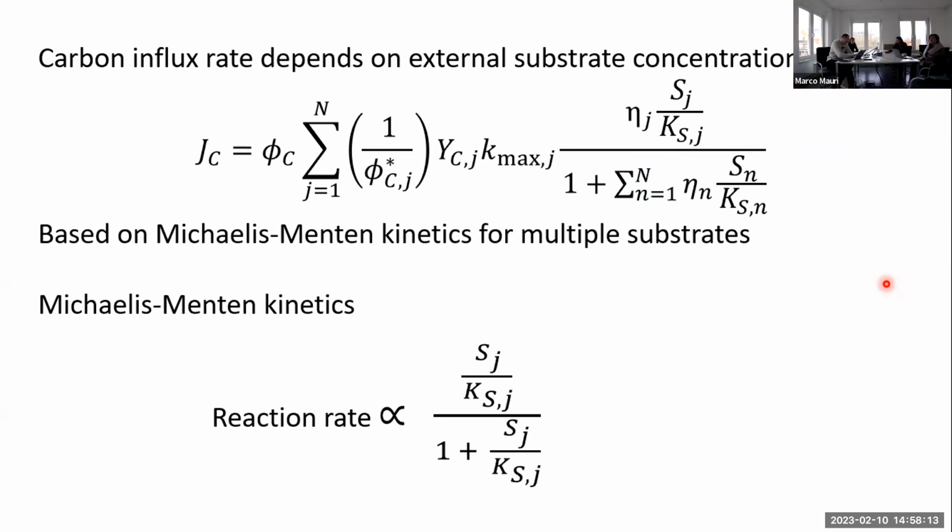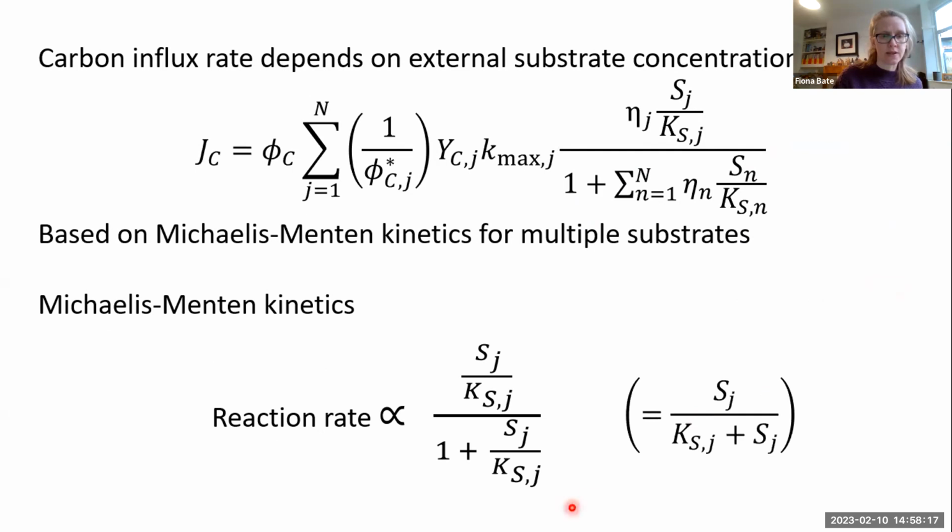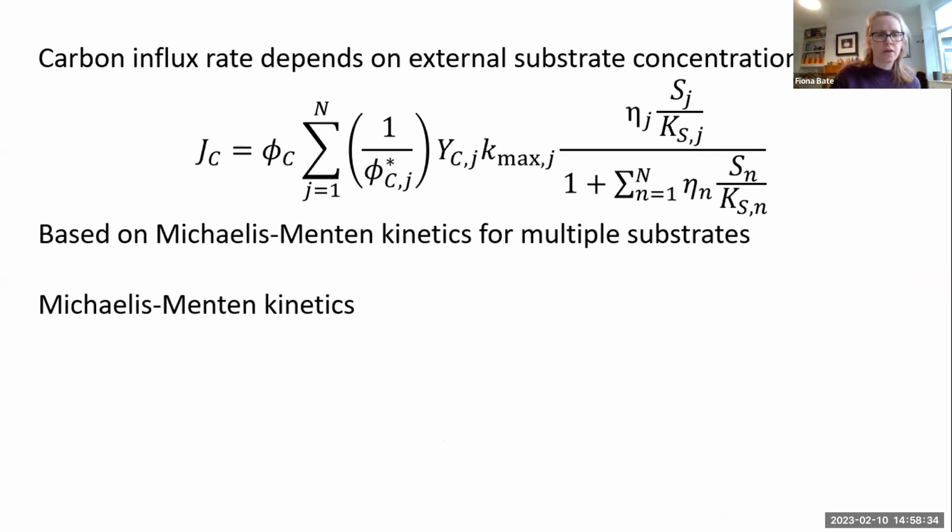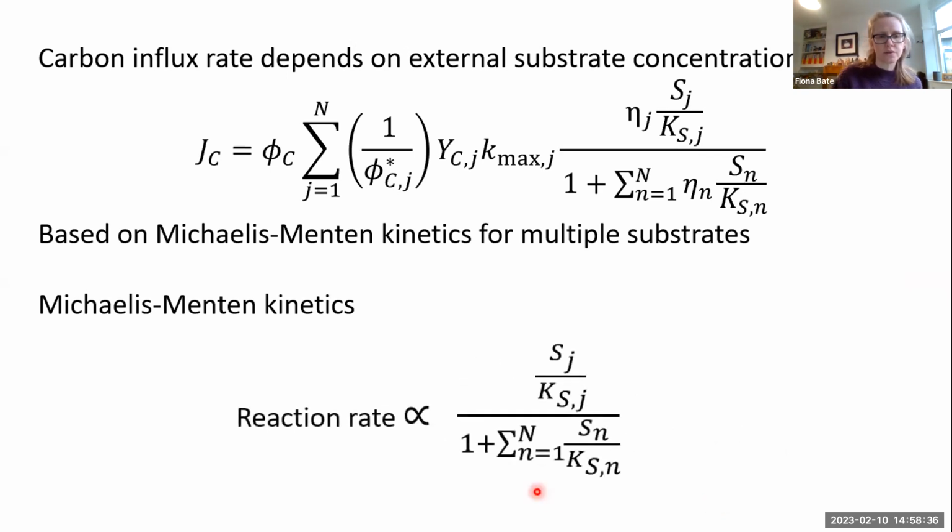Thank you. So in the Michaelis-Menten kinetics for one substrate, you get this form of dependence on the substrate concentration. When you have multiple substrates, so if you have one enzyme that catalyzes the reaction of two substrates, then the reaction rate depends on all of the substrates that can be catalyzed by that enzyme.